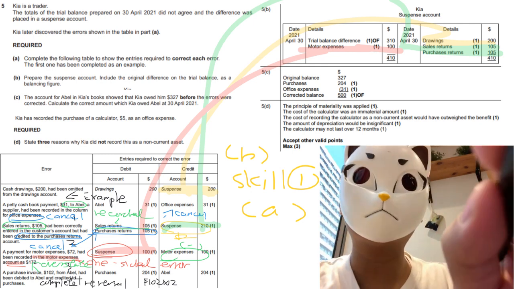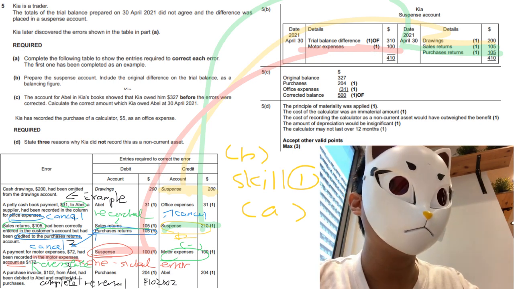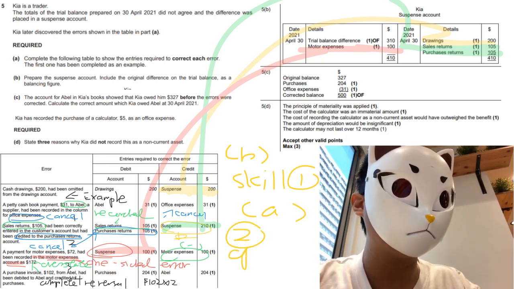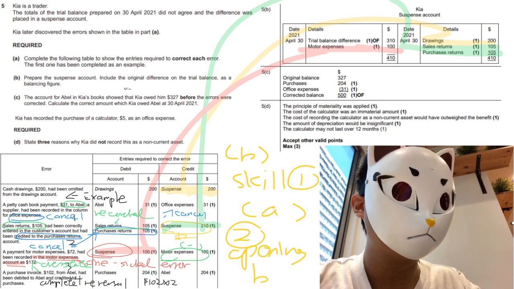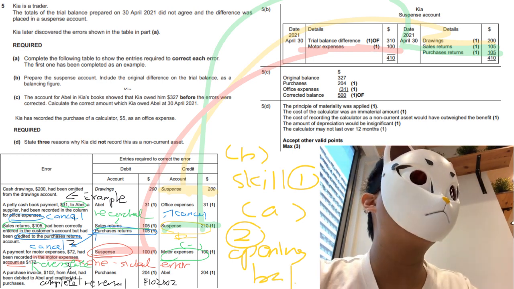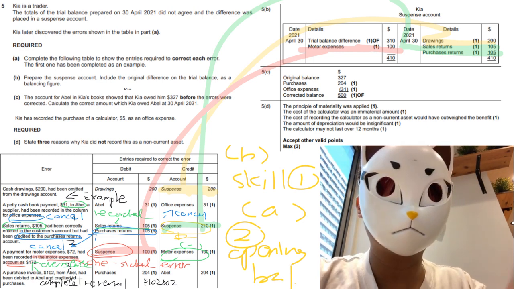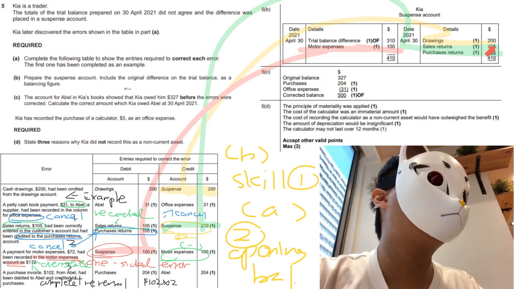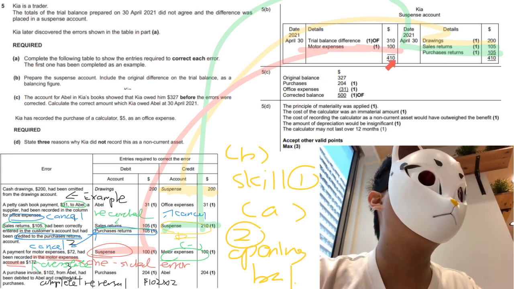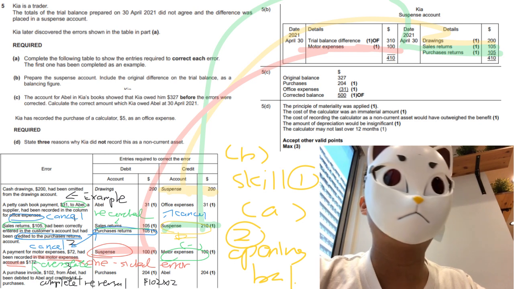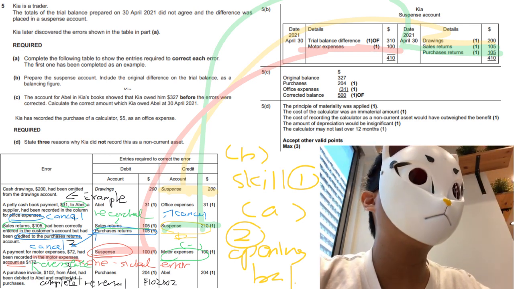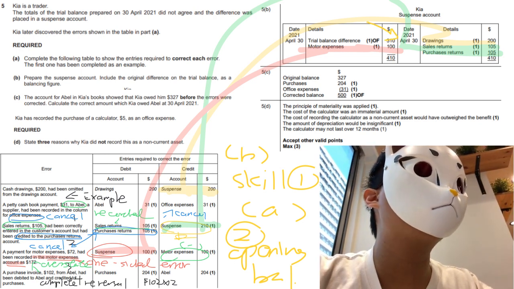And the second step: we have to find the opening balance. So we add up 200 plus 210, equal to 410. 410 minus 100. So this would be the opening balance.